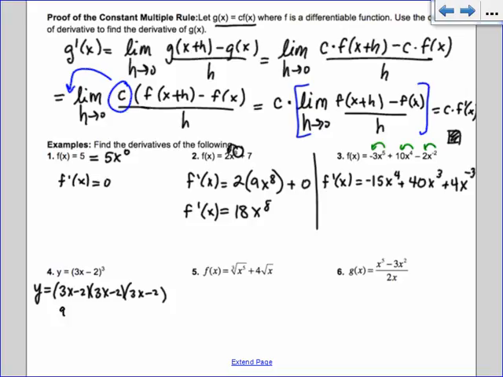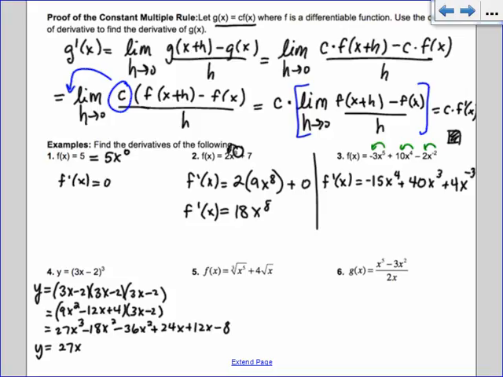Doesn't take long though. So 9x squared minus 12x plus 4 times 3x minus 2. So 27x cubed minus 18x squared minus 36x squared plus 24x plus 12x minus 8.